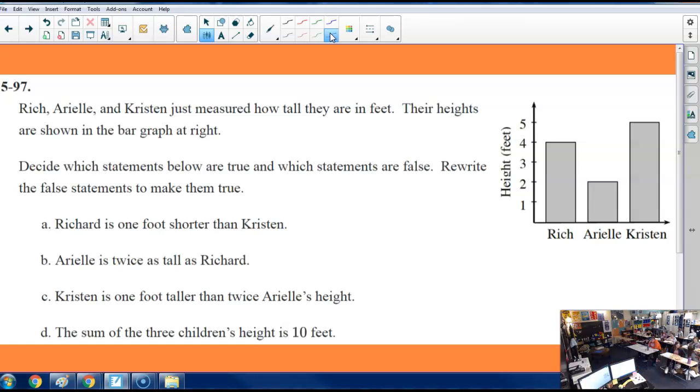Yeah, that is true. But how was Ariel? Wait. Ariel was 2 feet. Wait, can I go up close and look at it? Sure. So that would be 5.